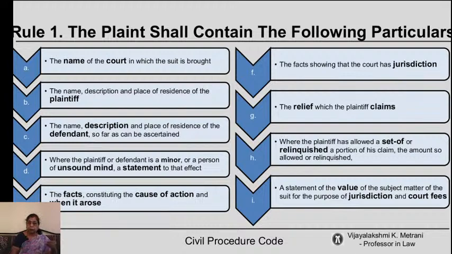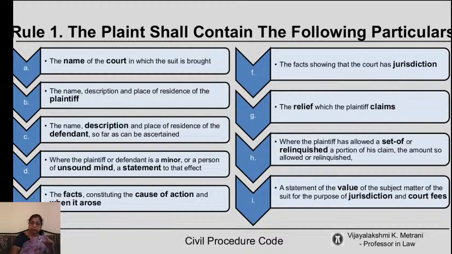So if he is a minor, or a person of unsound mind, then he cannot represent himself because he is not able to understand what to say or what to represent. So a person has to be in his place. To represent him, another person will be shown as his next friend.